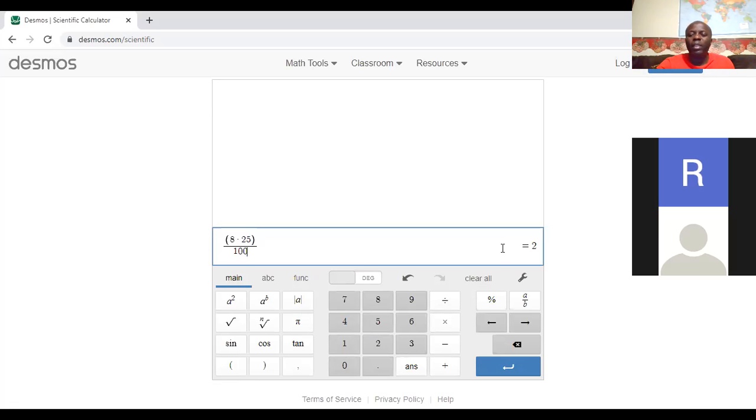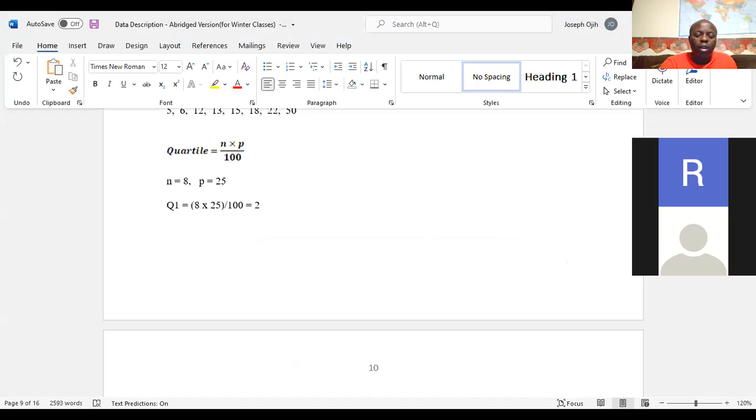But if you get a number that has no decimal part, that means you use this number plus the next number. So in this case, it gives us 2, there's no decimal, which means Q1 becomes the second number plus the third number, divided by 2.